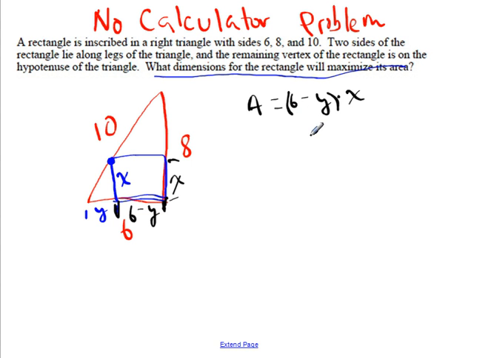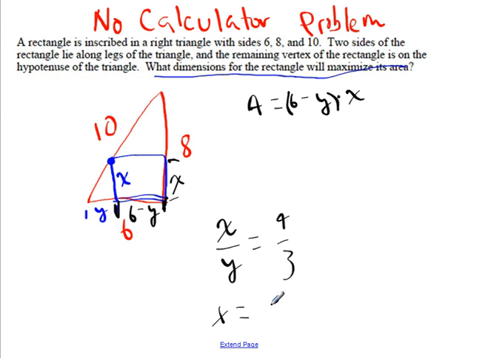Okay, but we know that we need to get it in terms of one variable. Right now we have three: area, y, and x. So we need to get rid of one of these variables. What we know is the relationship between x and y: because of the 3, 4, 5 triangle, x over y is going to equal 4 over 3.